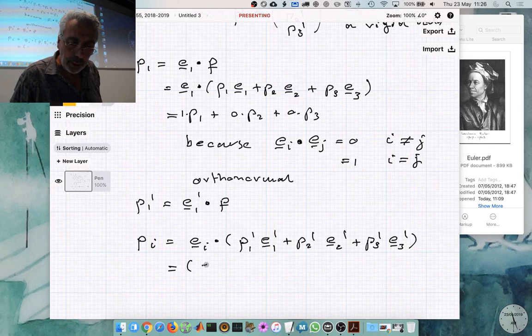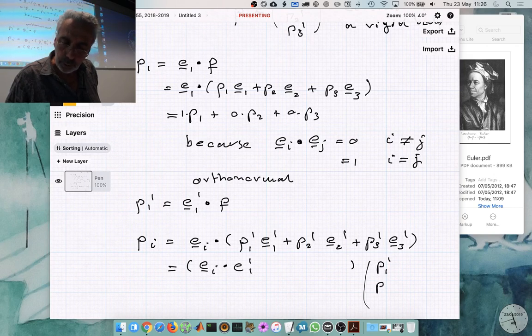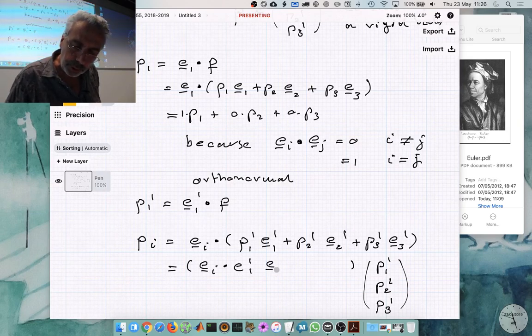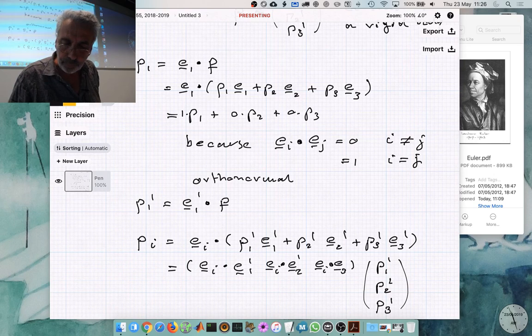So we get finally Ei times E prime 1. And then I want to write it as a vector product, P1 prime, P2 prime, P3 prime. And then the second one is Ei dot product with the second one, and then Ei dot product with the third one.